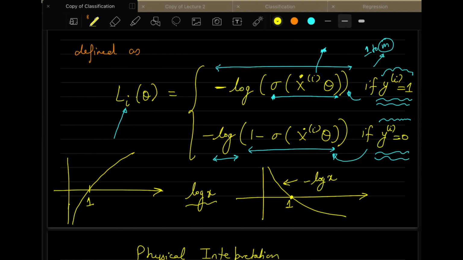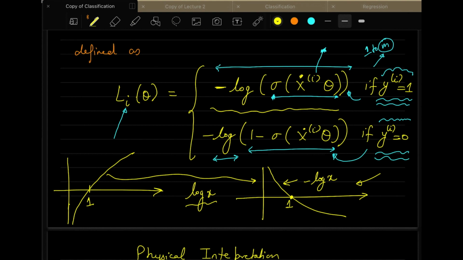So it is a simple thing. You can check it out also on the web, or you can draw it yourself also. There is no intuition behind this. This is just a log x function, and when you take minus log x, it will be like this. So let's focus on this minus log x, because you can see over here we have minus log of some quantity.